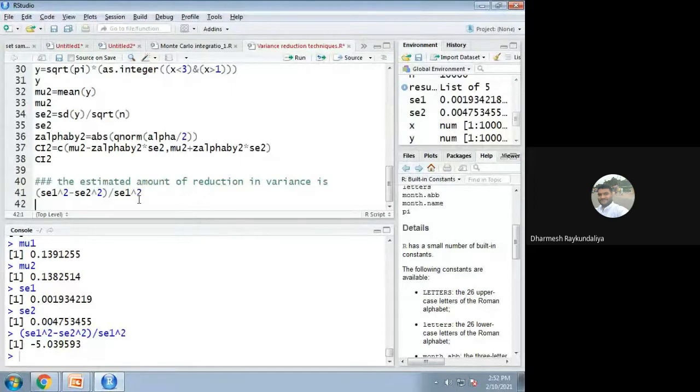It is giving minus 5.03. So which one is more efficient? First or second?